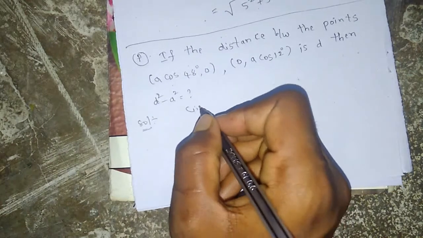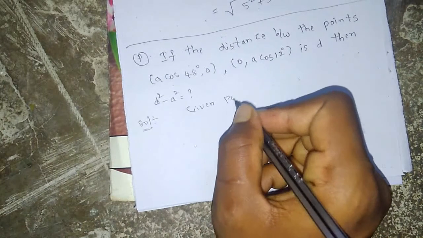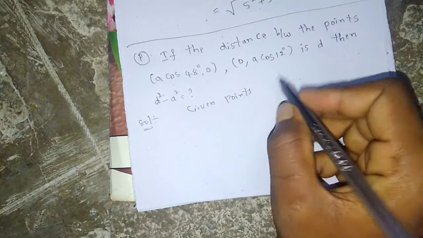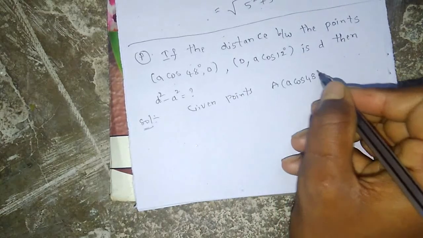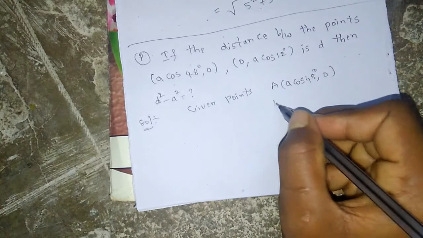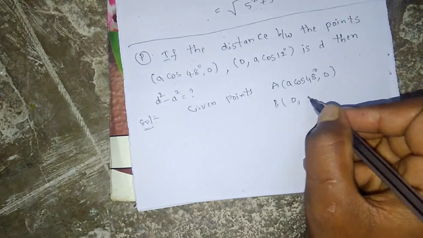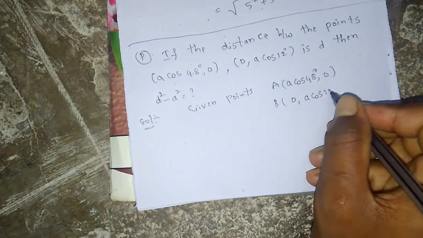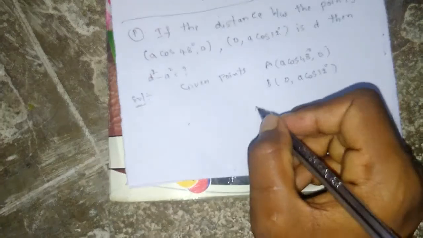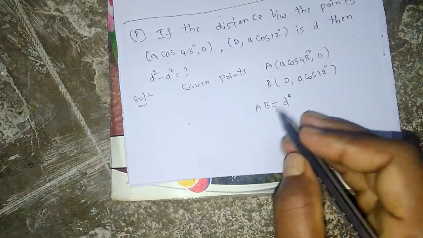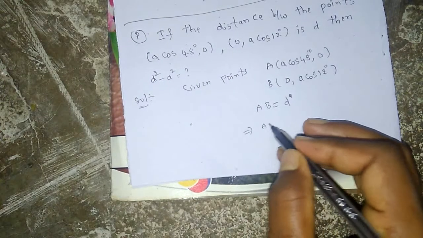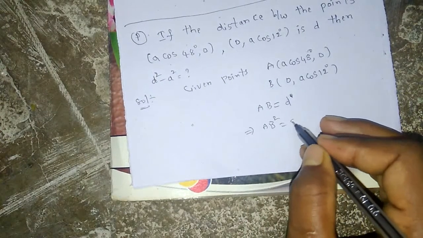Let A is (a cos 48 degrees, 0), B is (0, a cos 12 degrees). Now given AB is equal to d implies AB square is equal to d square.